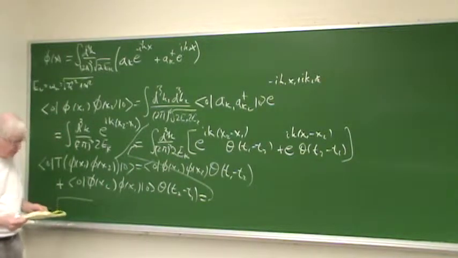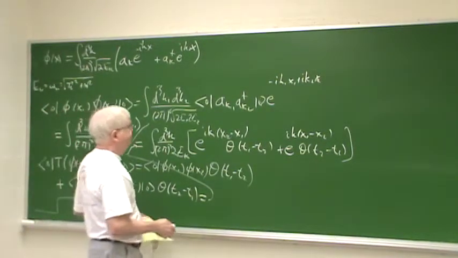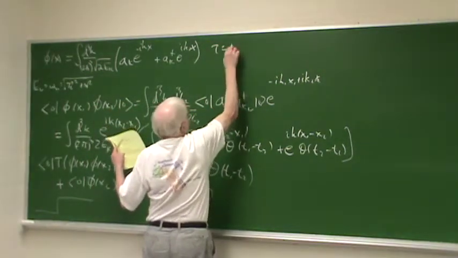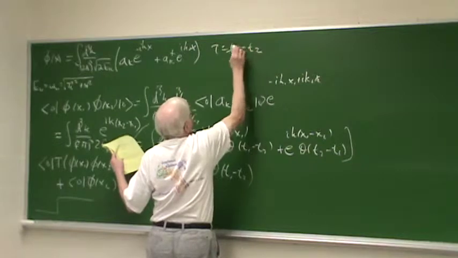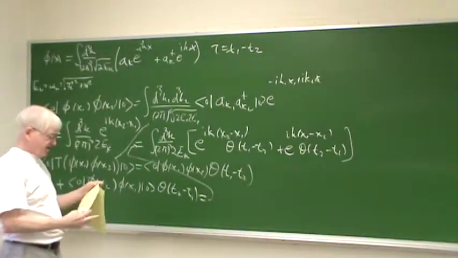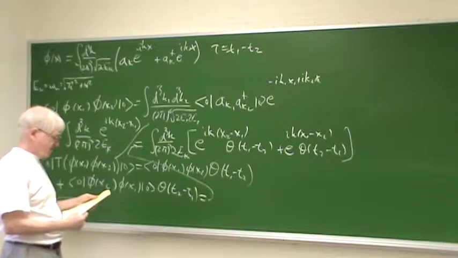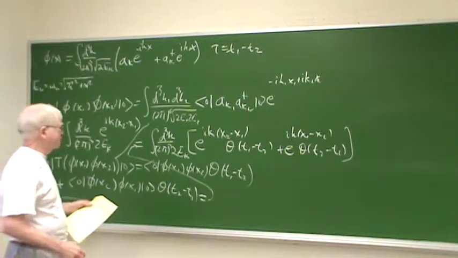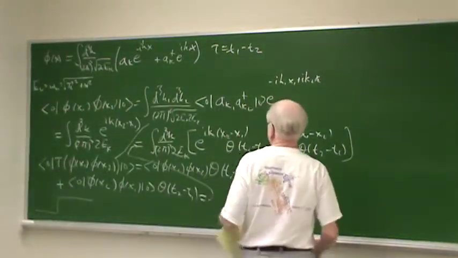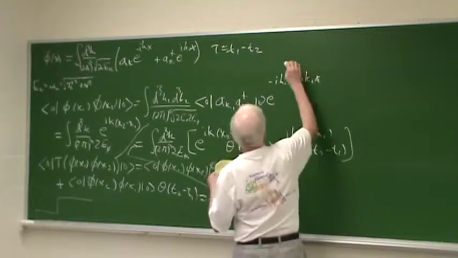Now we're going to let tau equal t1 minus t2. Sorry for the lopsided expression there. And we're also going to write this in three-dimensional notation here.